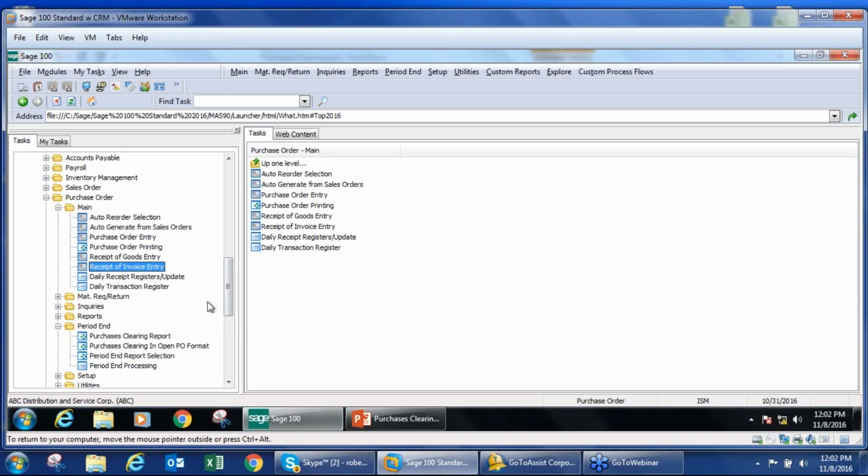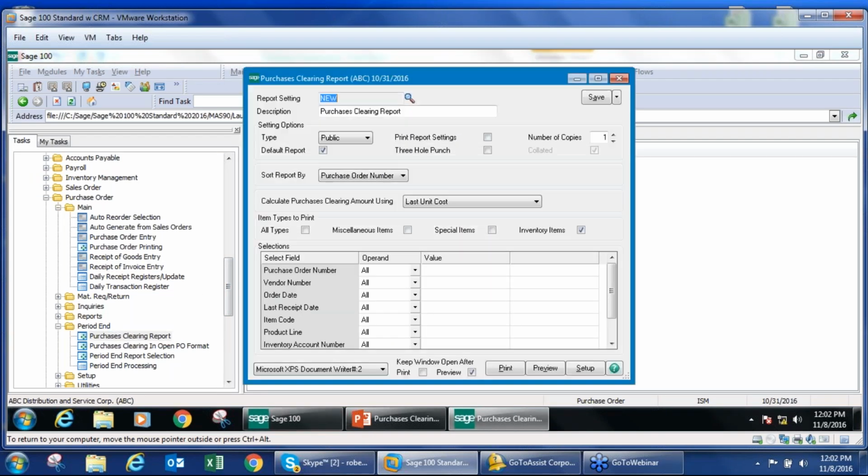Okay, let's go ahead and take a look at our purchases clearing report. I'm going to show you what it looks like with the last unit cost, and then I'm going to show you what it looks like here.